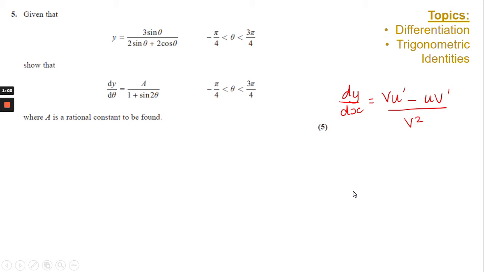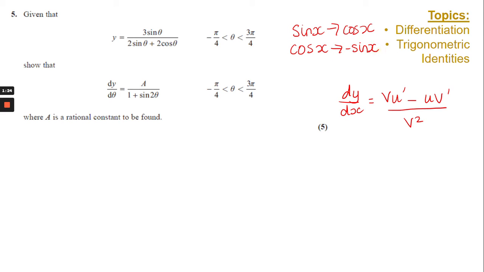Now on this, we know that u has to be differentiated to get u dash and v has to be differentiated to get v dash. We also know when we differentiate sine, we get cos, and when we differentiate cos, we get minus sine.